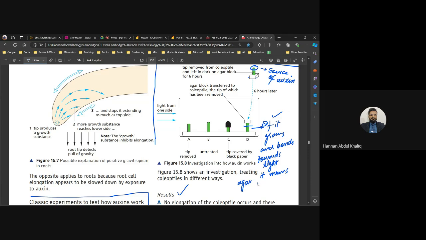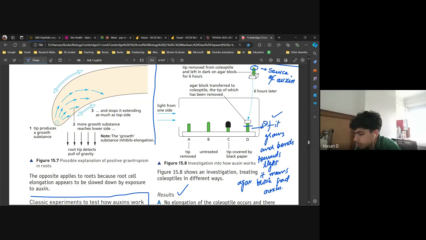Since it had auxin, where did it come from? Where did it come from, in the coleoptile, in the agar? Maybe it is already present.